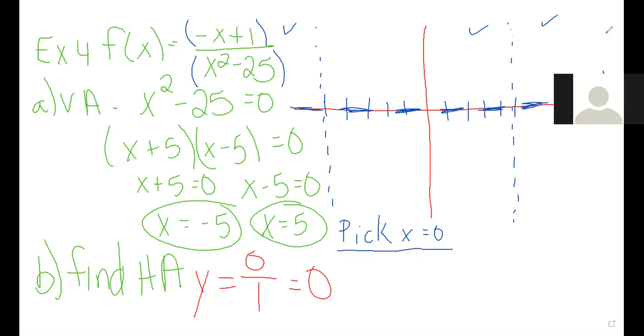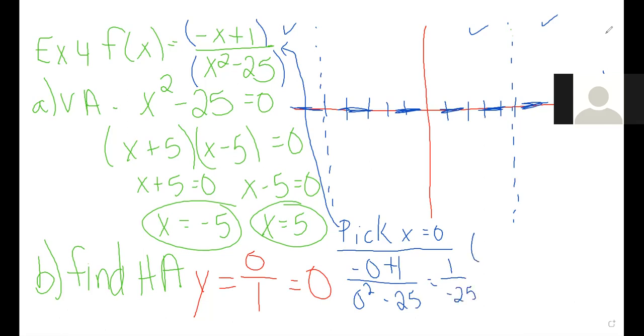Okay. So, we're going to pick x equals 0 for this problem. So remember, I'm going to do my little arrow back up here. So if x equals 0, we have -0 plus 1 over 0 squared minus 25. And so I get 1 over -25.